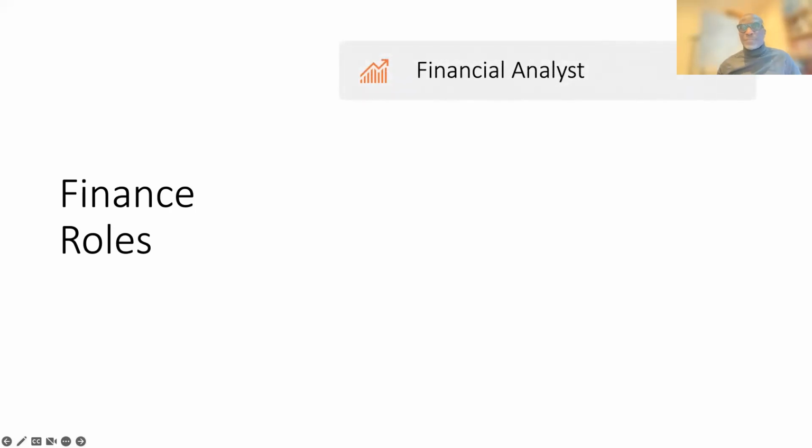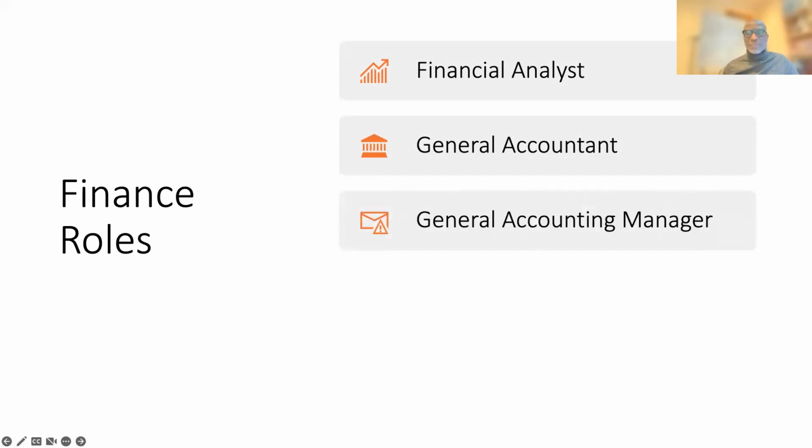So with finance, you have your financial analyst as a role, and the financial analyst is mainly looking at the performance of an enterprise. The general accountant will be recording and reporting financial transactions. The accounting manager will mainly do the work of the enterprise.